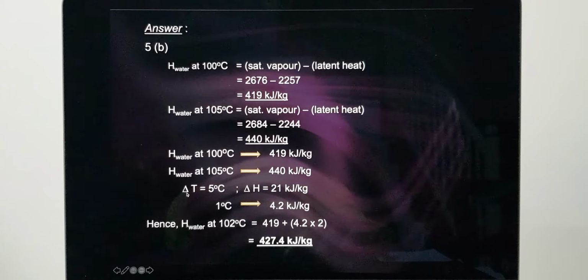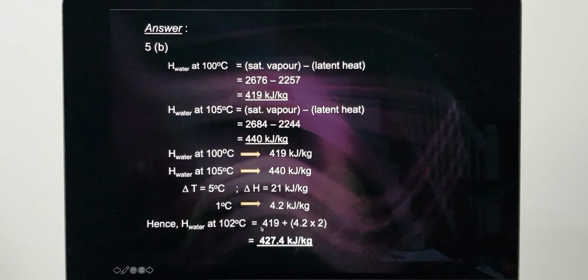Just now, this is the temperature difference, 5 degrees Celsius, and for 5 degrees Celsius, the enthalpy increased by 21 kilojoule per kilogram. Got it? So now you can calculate the HF at 102 degrees Celsius, where 419 refers to the enthalpy at 100 degrees Celsius. We are referring back to 100 degrees Celsius.